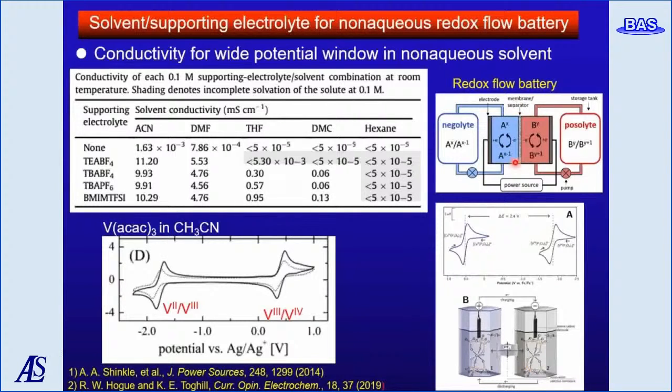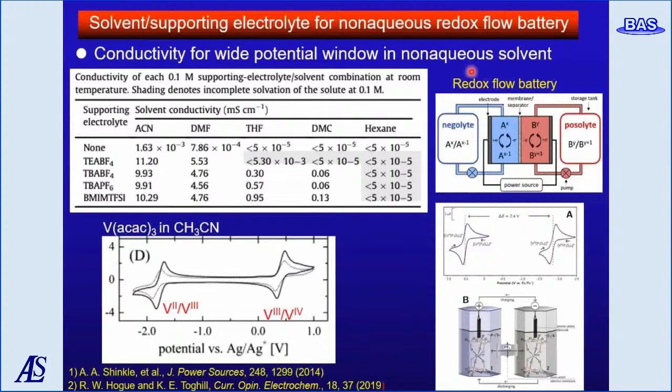Currently, with an aqueous solution, the voltage obtained is about 1.2 volt. Since a larger voltage can be extracted by changing water to a non-aqueous solvent, several studies have been conducted on the use of non-aqueous solvent.